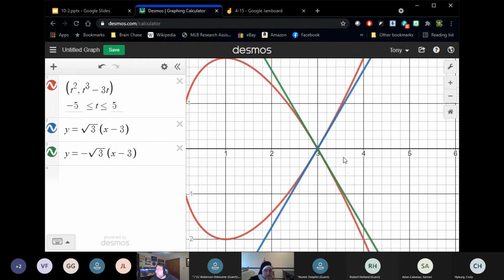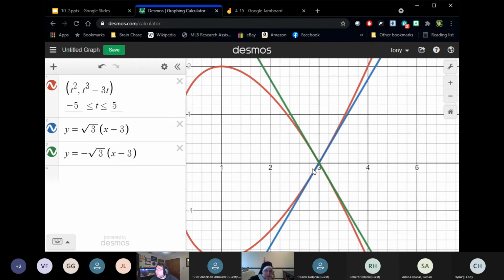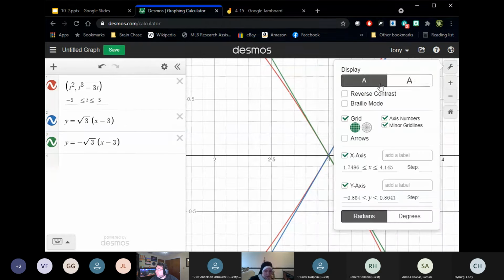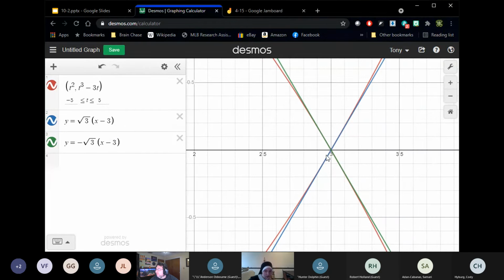We can start seeing that it goes right through that point. And if we zoom in, it's a little lighter. We zoom in, you can actually start seeing that those are tangent lines to that equation. Okay.